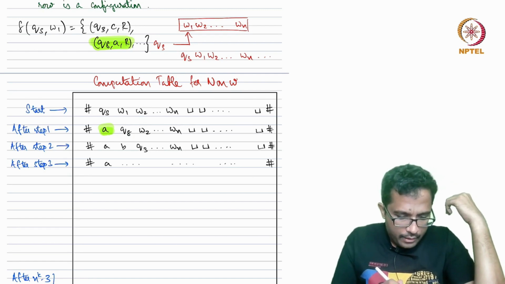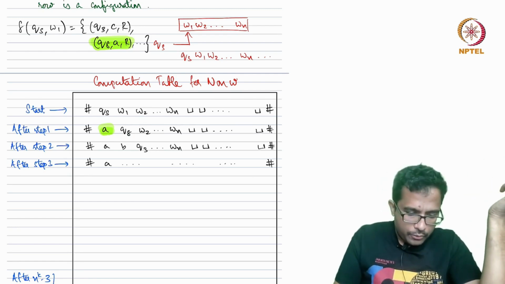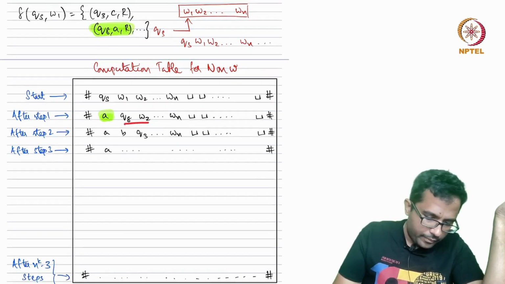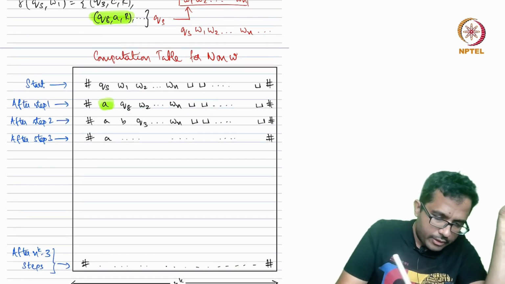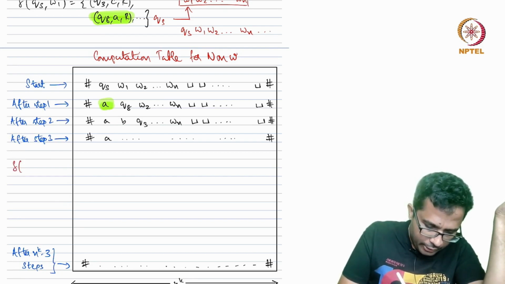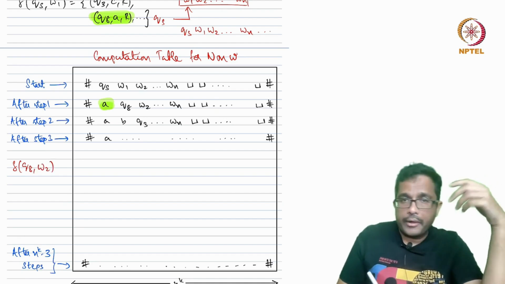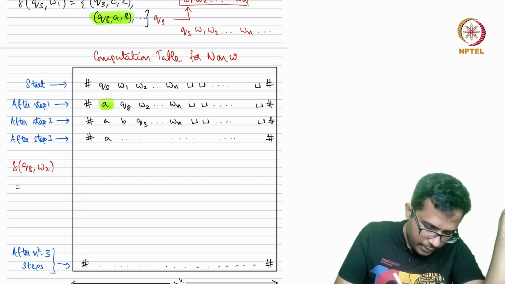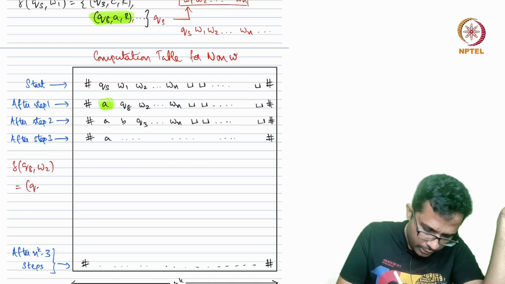And suppose there is another move based on the second step. Let's say we have delta of Q8 and W2, so it is pointing to W2 and in state Q8. Suppose the move was Q3, B, and right.